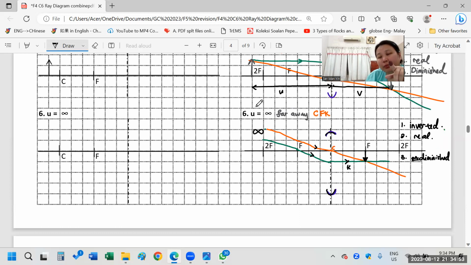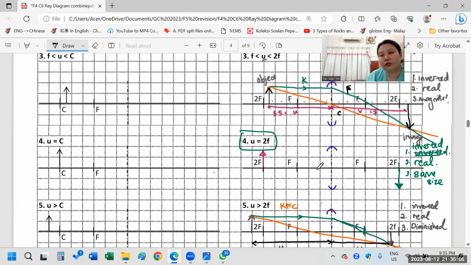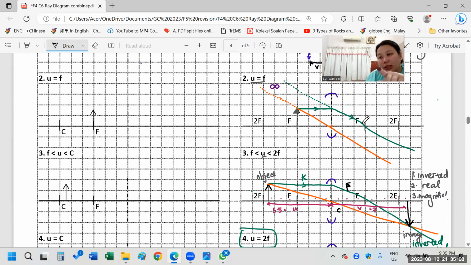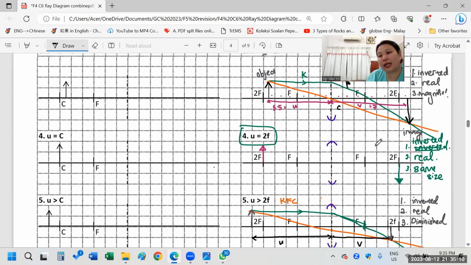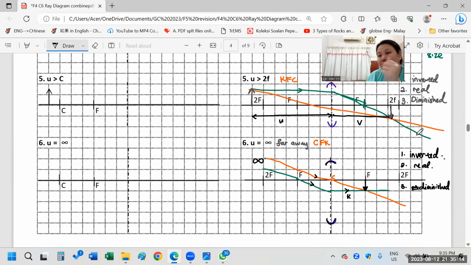The object comes from infinity, we use symbolic CFK. Only this we use CFK. Then if you draw properly with equal distance, then you can get the characteristic of the image in very exact way, like you no need to memorize.